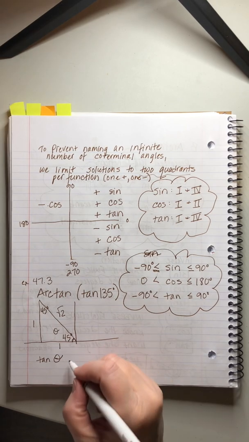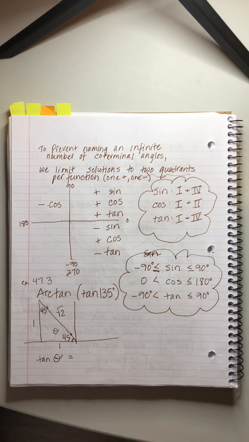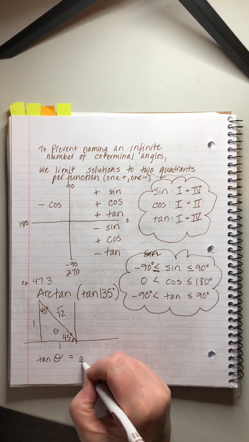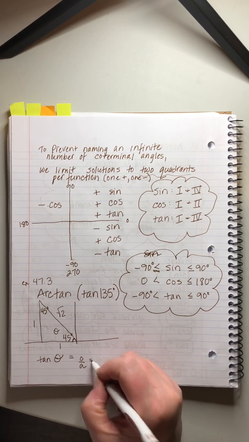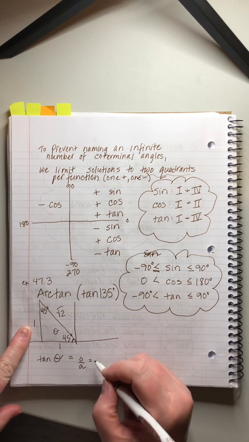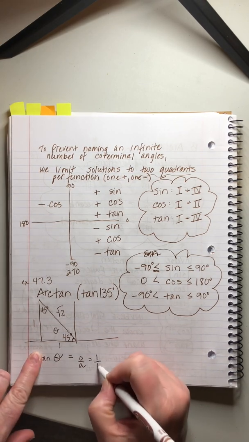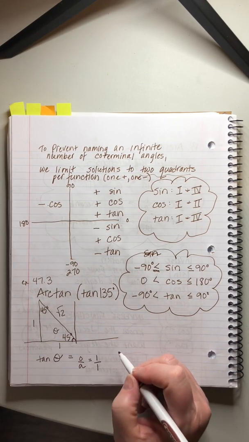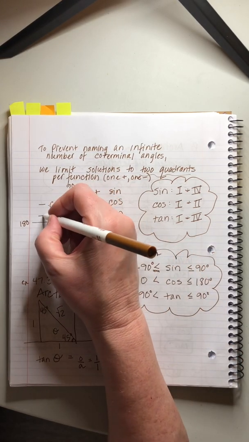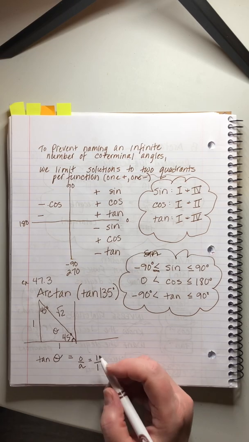The tangent of theta is equal to opposite over adjacent, right? And the tangent is 1 over 1, right? And tangent in the second quadrant is negative, right?